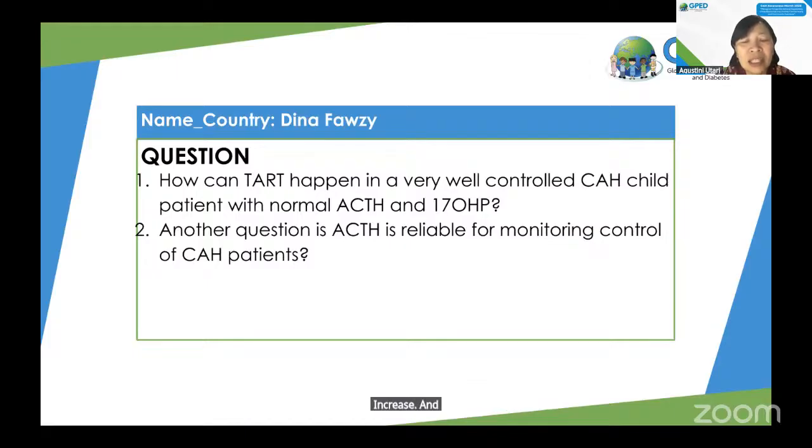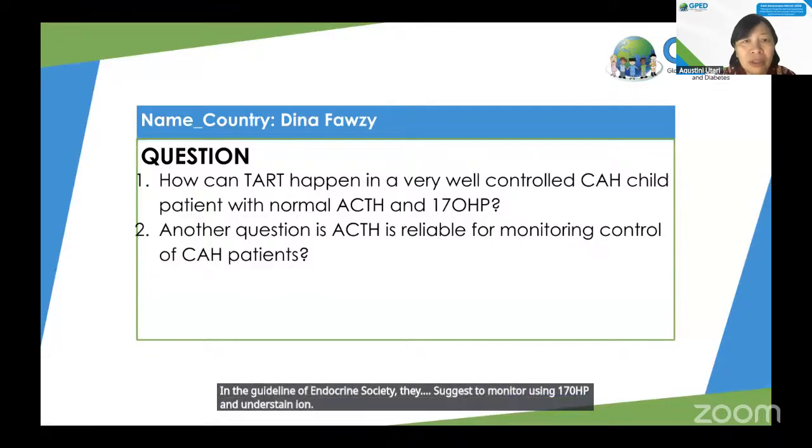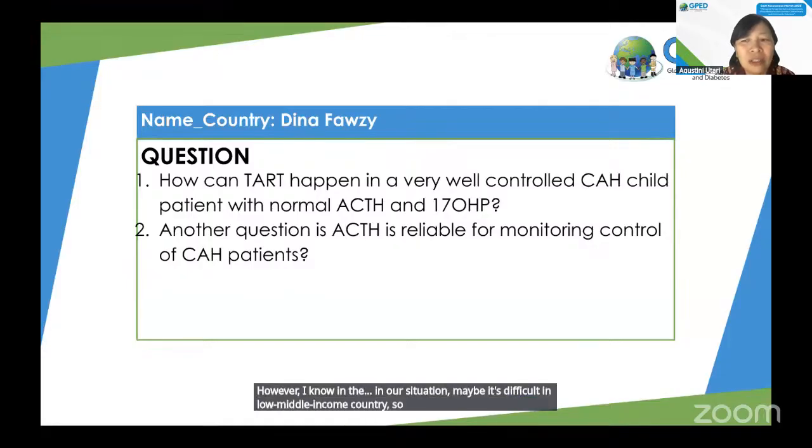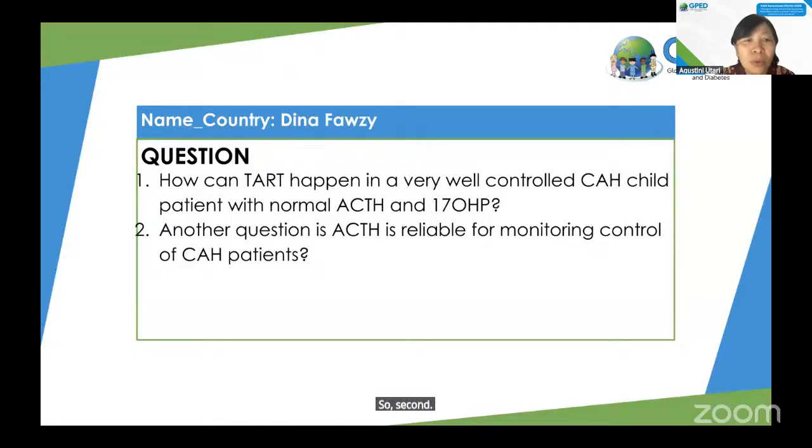And ACTH is not for monitoring control of CAH patients. In the guideline of the Endocrine Society, they suggest to monitor using 17-OHP and androstenedione. However, I know in our situation maybe it's difficult in a low middle income country. So the most important monitoring is the growth chart. Second, usually I will use the bone age.